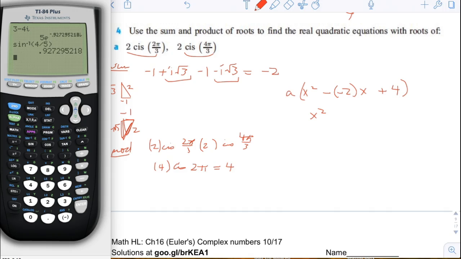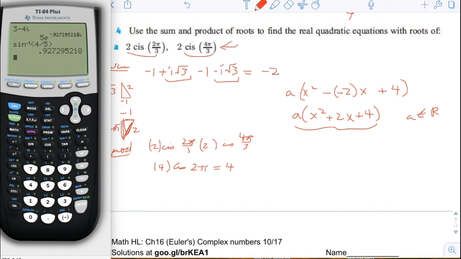And then we would leave a here because we don't know what the a coefficient is. So we would have x squared plus 2x plus 4 as the real quadratic equation, a set of real quadratic equations that have these two roots.